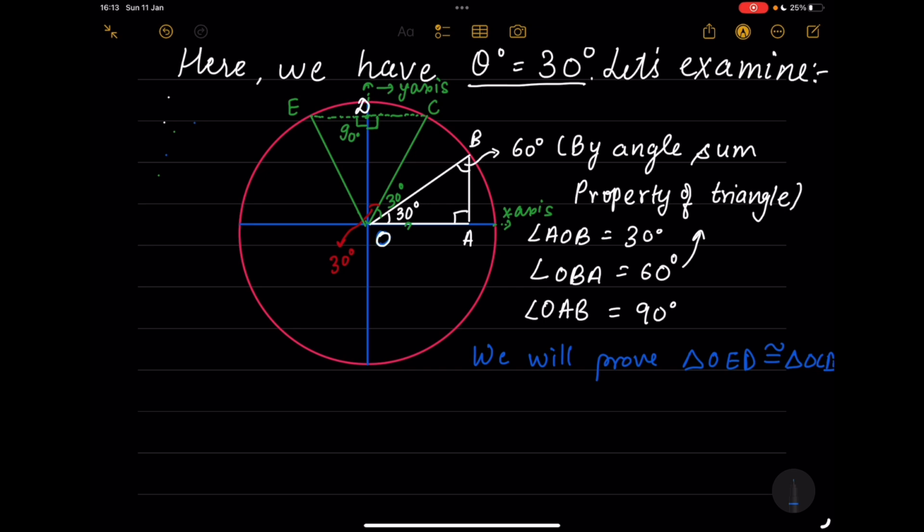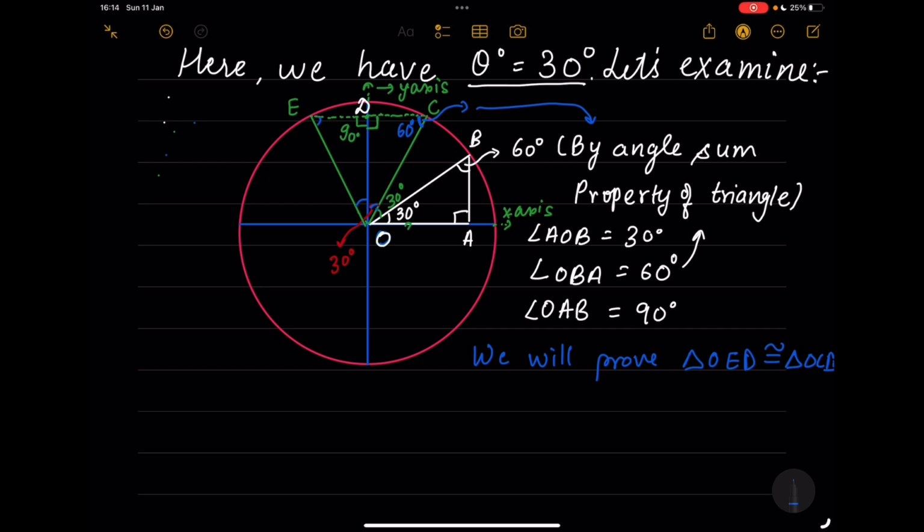Why are we doing it? When we are able to prove that triangle OED is congruent to triangle OCD, then we'll have this angle also as 30 degree. And if this angle is 30 degree, firstly in this triangle we see that this angle is 60 degree, by this same property, and then from there we'll also get this angle as 60 degree.